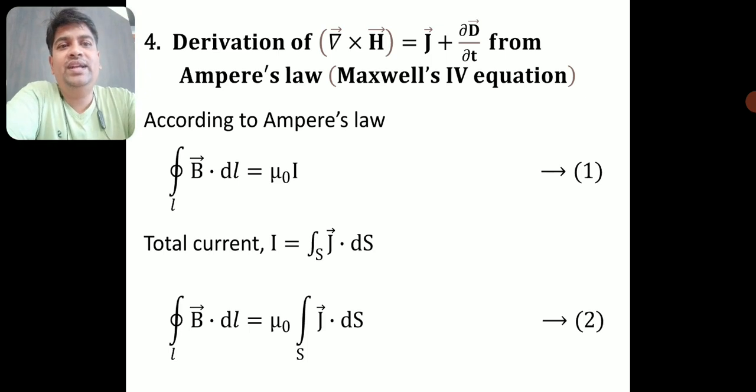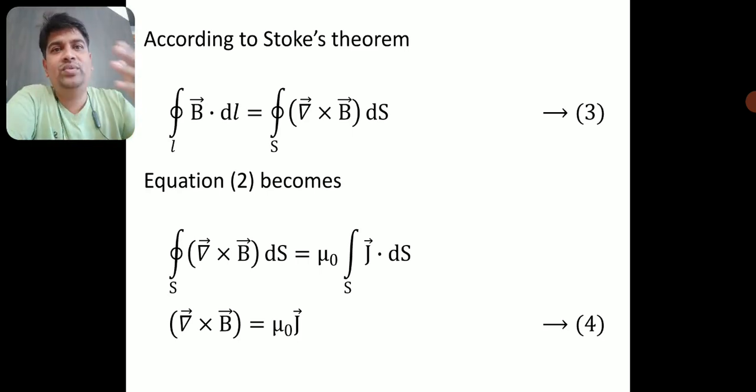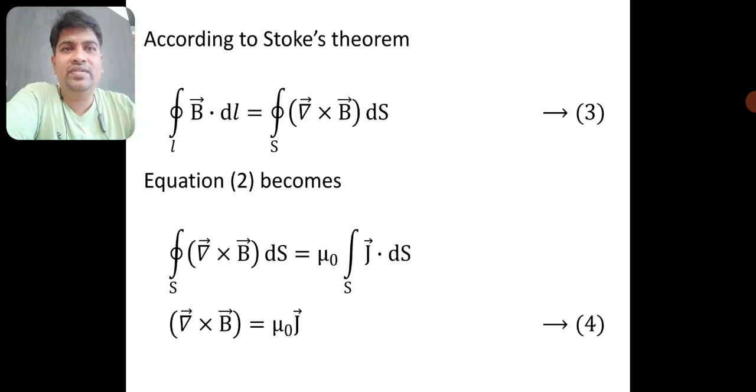After getting equation 2, I will go with Stokes theorem, which converts a line integral into a surface integral. Only thing is we have to take the curl of the vector. The line integral of a vector is equal to the surface integral of the curl of that vector.